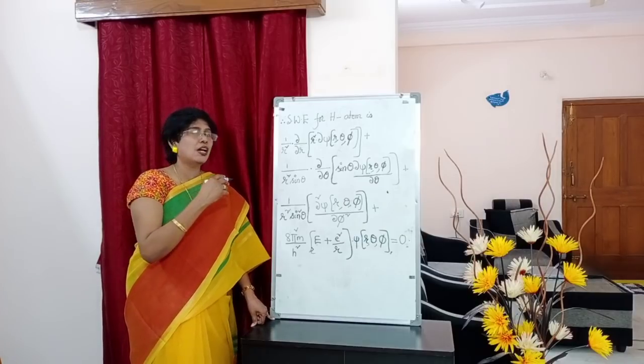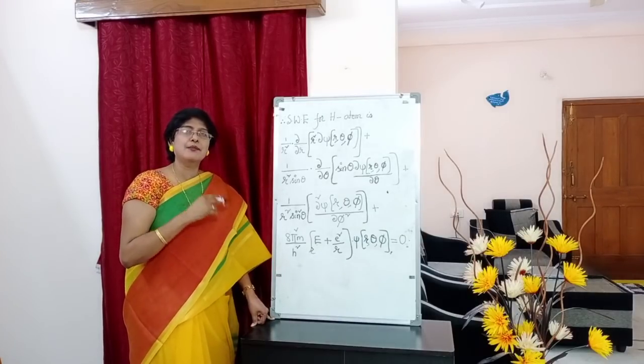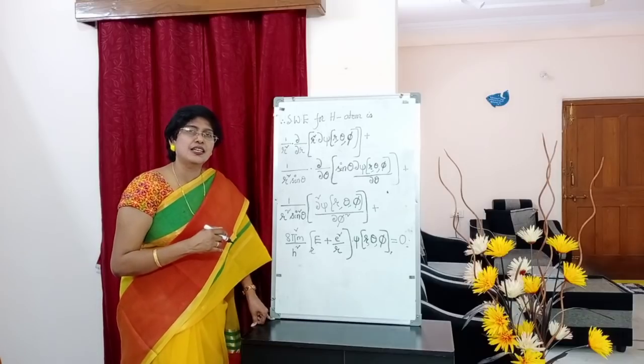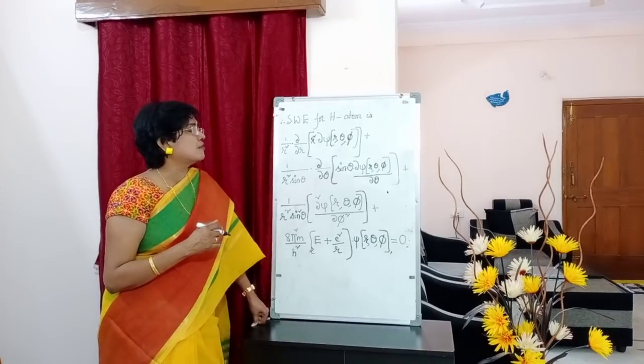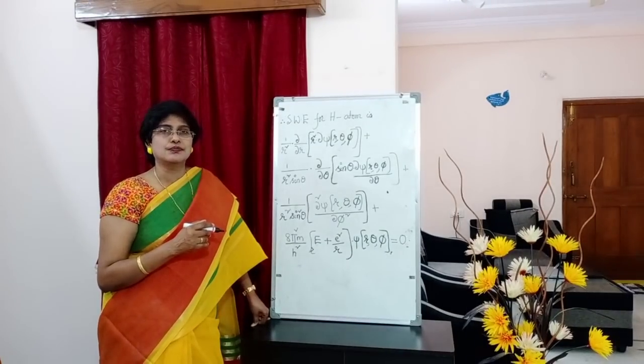Okay. So now put this whole thing in a box. Now this equation, students, we call it the Schrodinger wave equation for hydrogen atom.